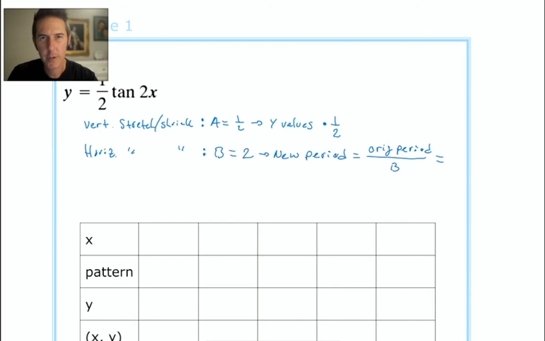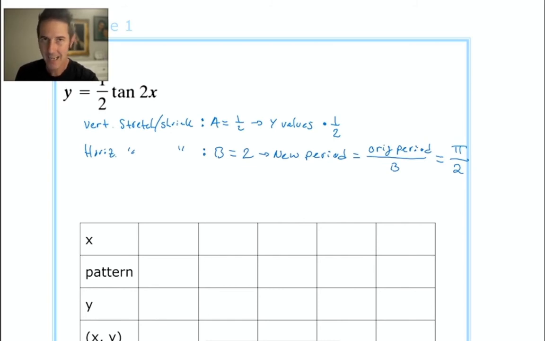And what was the original period of the tangent function? Pi. For sine and cosine, we were putting a 2 pi right here, but with the tangent and cotangent functions, we have to put a pi there. We're dividing by this b value of 2, and our new period is pi over 2. So it's been compressed from the left and from the right.